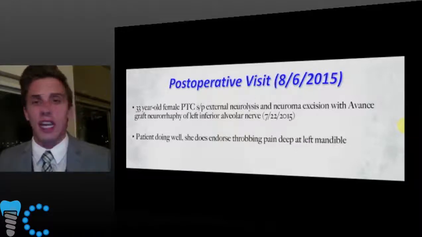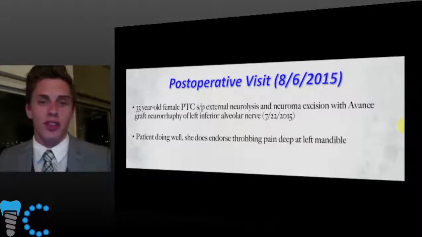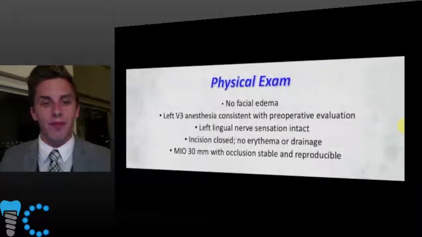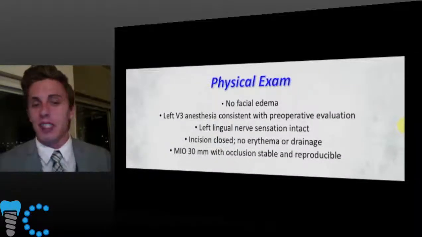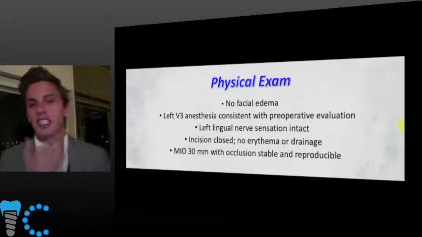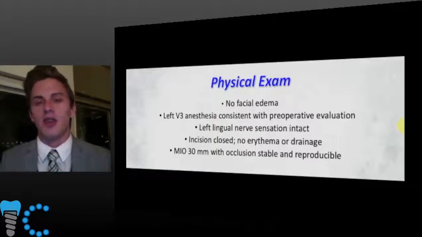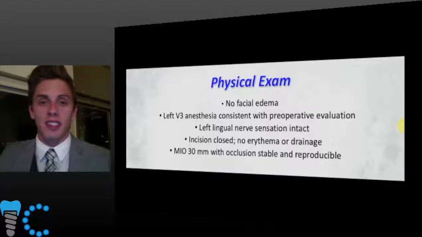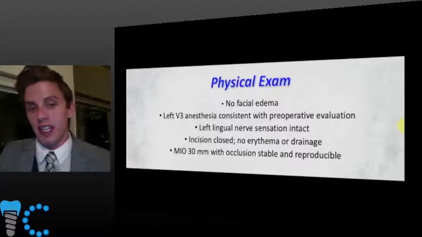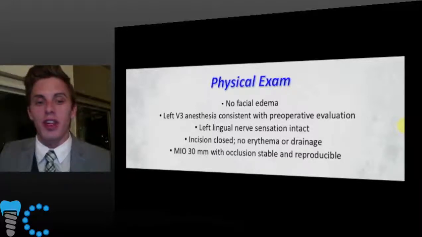However, she does have some pain just from surgical pain. Physical exam, essentially benign. She does continue to have left cranial nerve 5 division 3 anesthesia that was consistent with preoperative evaluation. Her left lingual nerve is sensate, so nothing damaged there, and the incisions are closed with no signs or symptoms of infection.